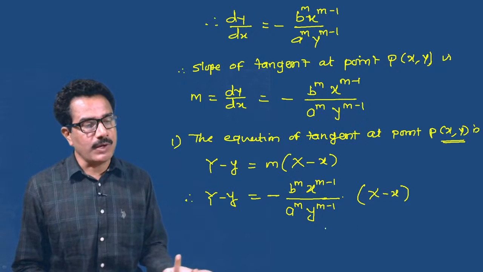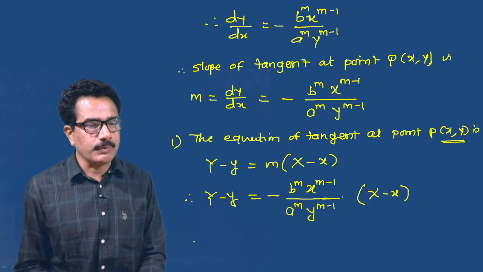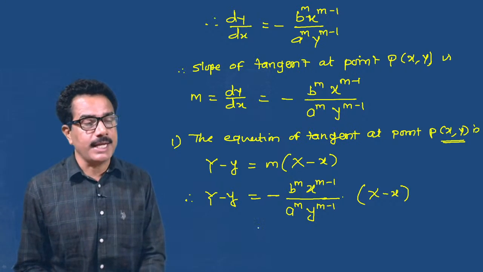अभी इसको आपको सॉल्व करना है, तो a raised to m, b raised to m आपको डिनोमिनेटर में लिखना है.